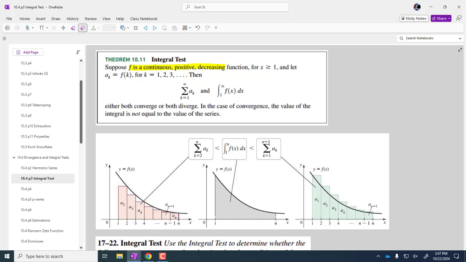And a sub k is coming from the function. The function is building the sequence terms. So both the series and the improper integral do the same thing. They both converge or they both diverge, one or the other. So that is the integral test. It says that your infinite series and your corresponding improper integral do the same thing.